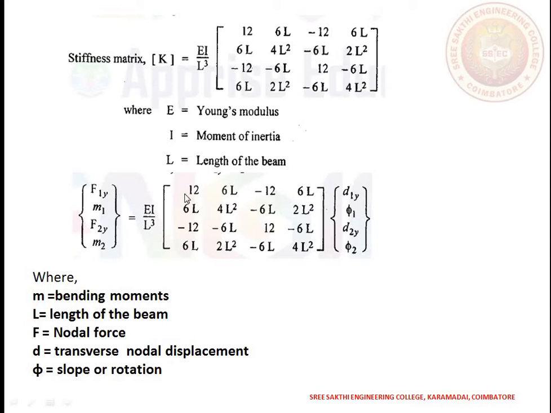In this matrix, the third row and third column has a negative sign, so minus, minus, minus, and at the meeting point of the third row there is no negative sign, there is a plus sign.